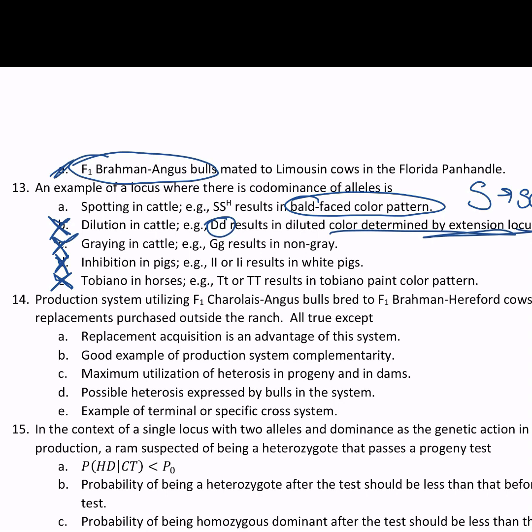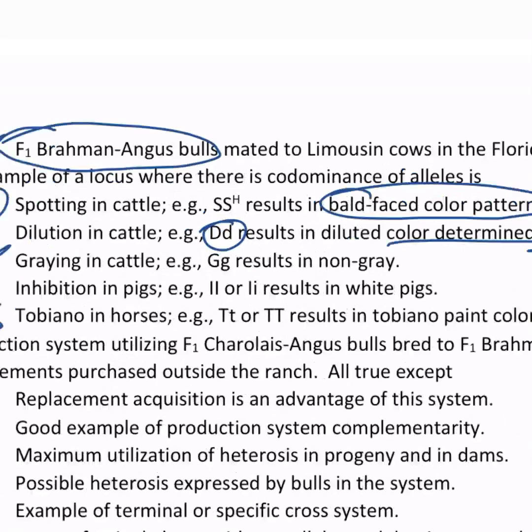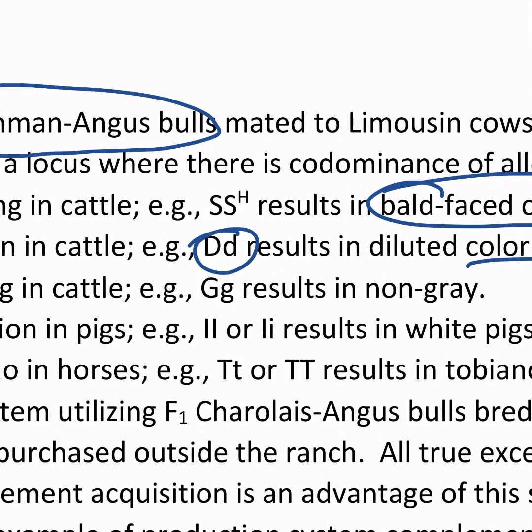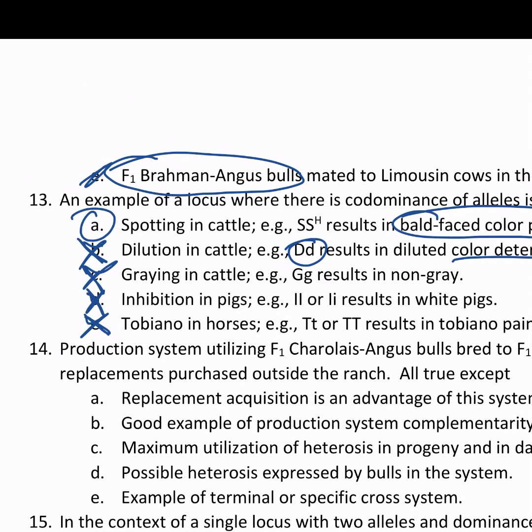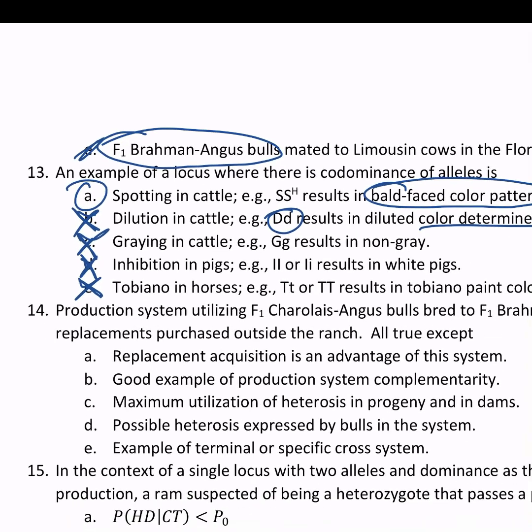So we have some codominance between them. There's not one allele that is dominant over the other. So answer choice A is the correct choice. It is not dilution because the big D is not dominant over the little d. There's an intermediate color. So the correct answer is the S superscript S and S superscript H.